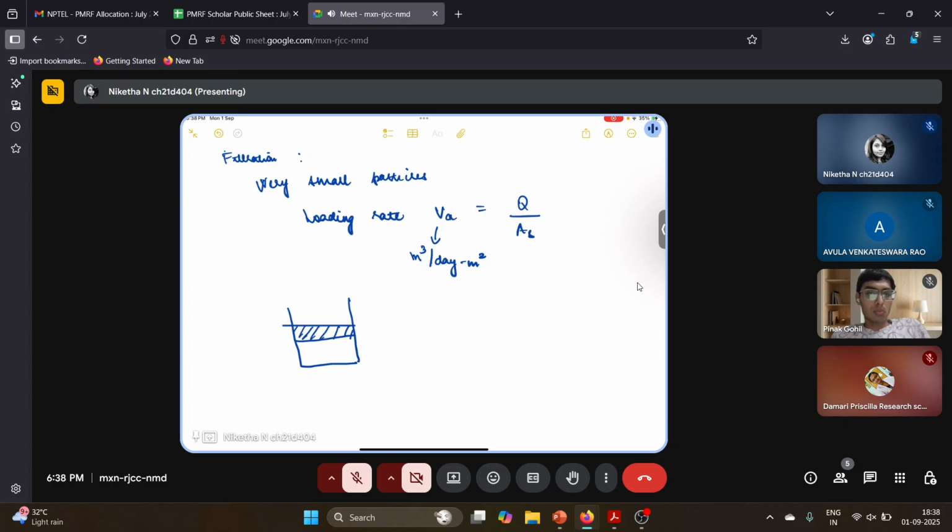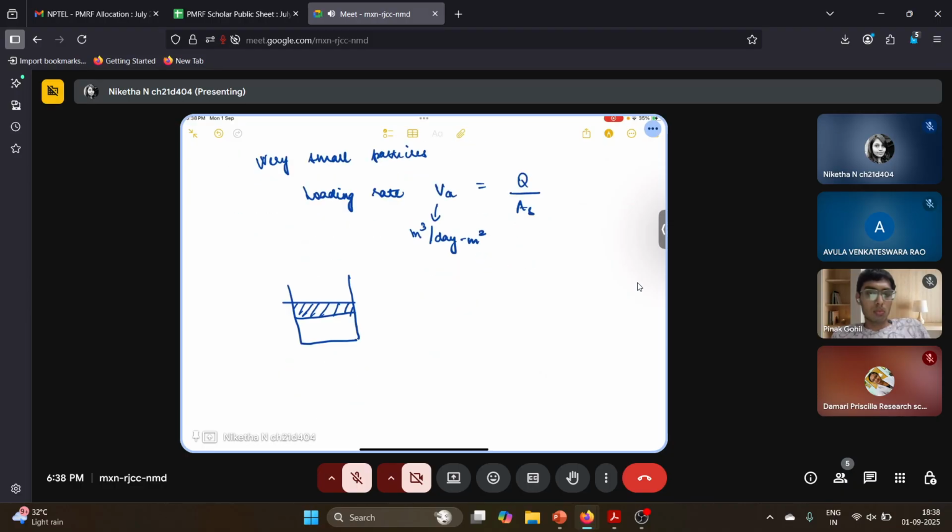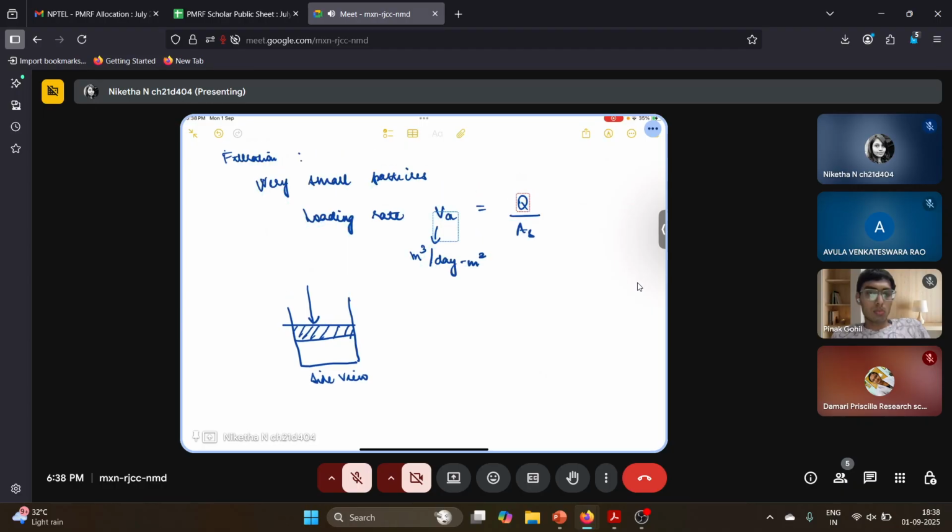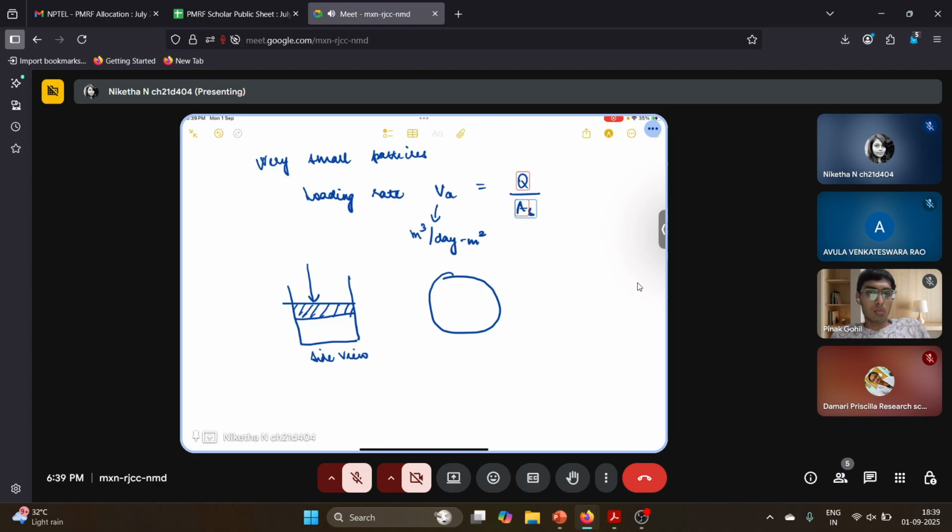This is the side view. So imagine this is actually a circular tank from the top, something like this.